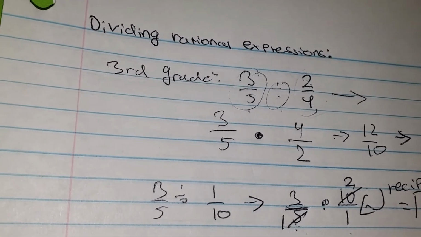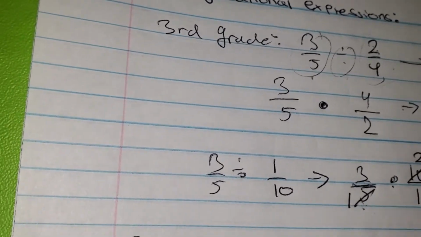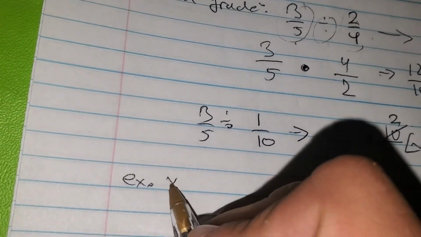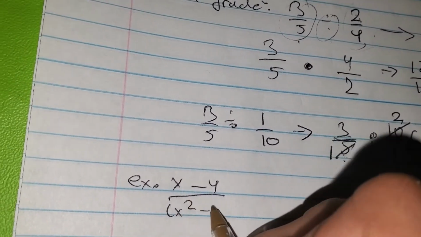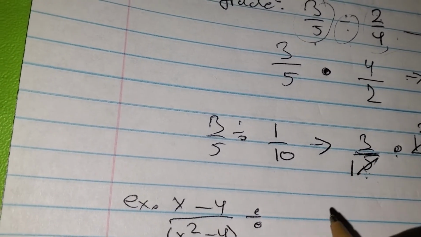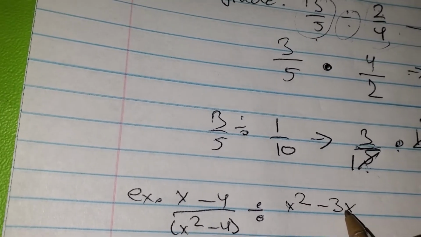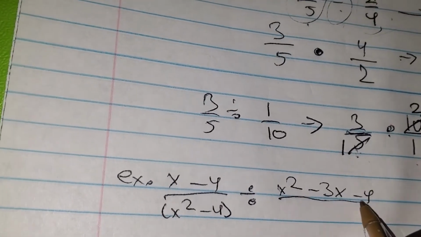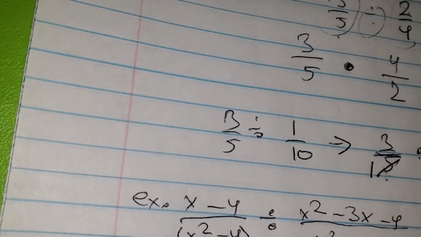Well, same case for our division. My bad guys, I haven't even written out the example. I'm jumping the gun. x squared minus 4 over x squared minus 4, and we're dividing by x squared minus 3x minus 4 and we're dividing that by x squared plus 5x plus 6.